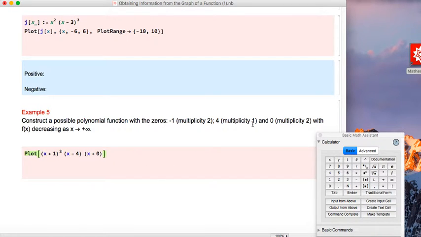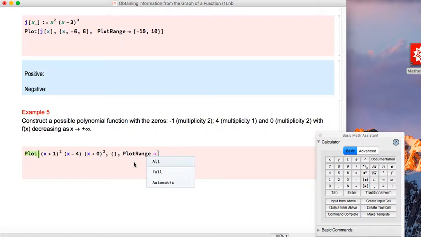Multiplicity 1 means x minus 4 only has exponent 1. The zero at 0 has multiplicity 2, which also means x squared.